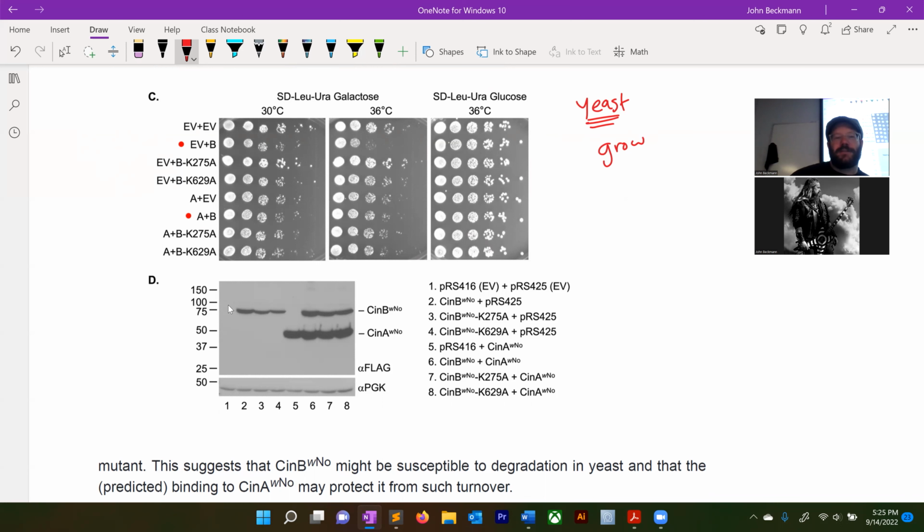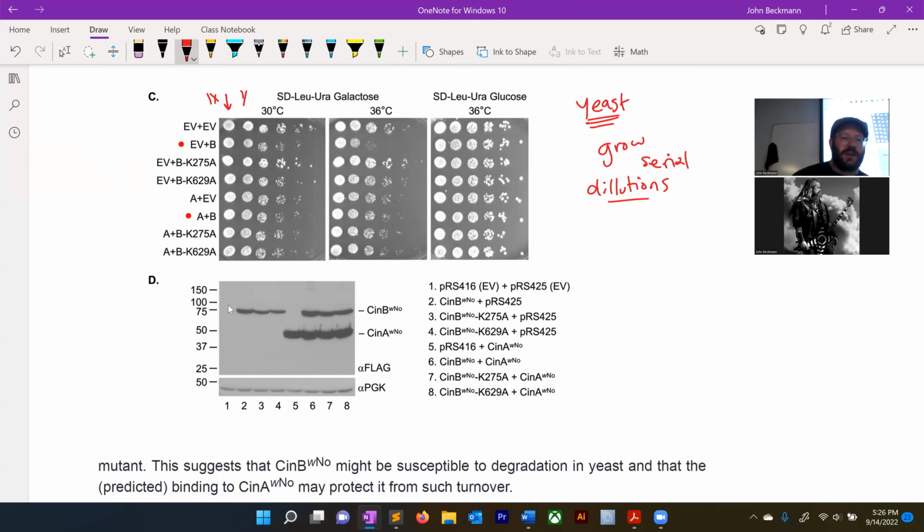And why are there 1, 2, 3, 4, 5, 6 different dot marks? It's a serial dilution. Okay, so this is called a serial dilution. You start with one concentration here, let's say 1x, and then usually these are 5-fold dilutions.